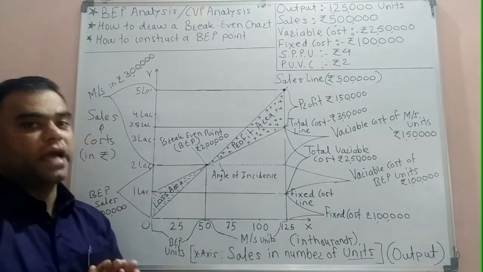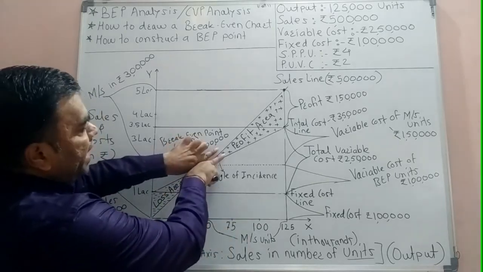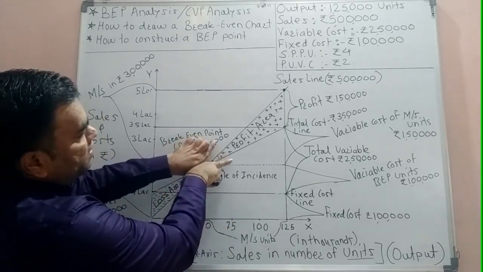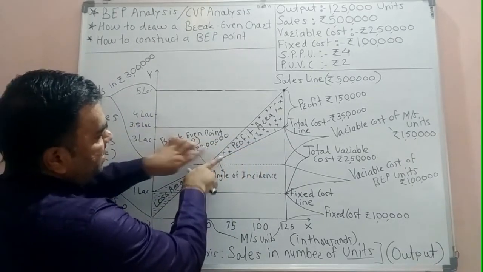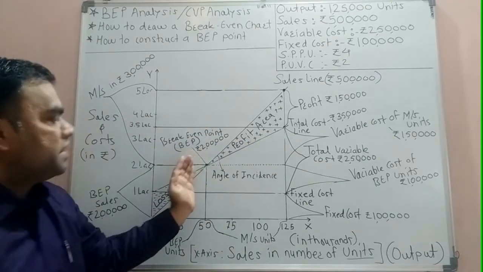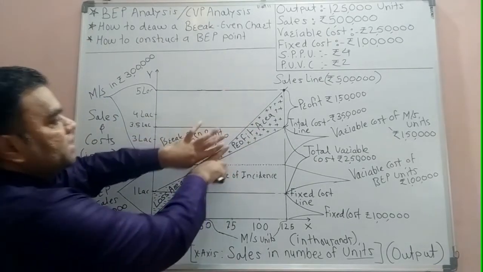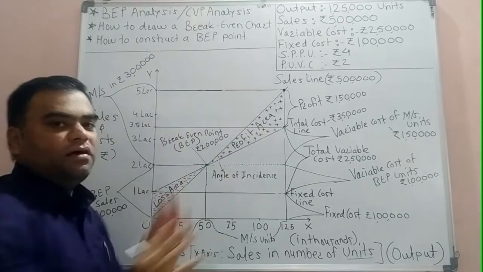Angle of incidence has a positive relation with profit. If your angle of incidence is more, the profit area will be more. Greater is the angle of incidence, greater will be the profit. Lower is the angle of incidence, lower will be the profit.